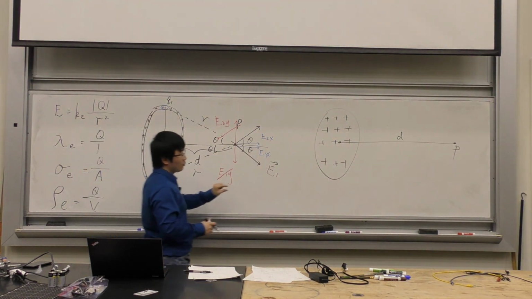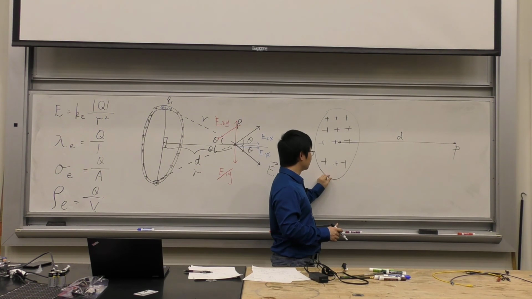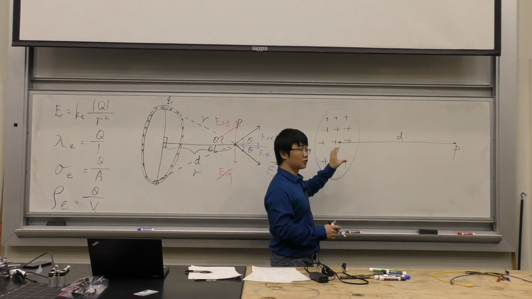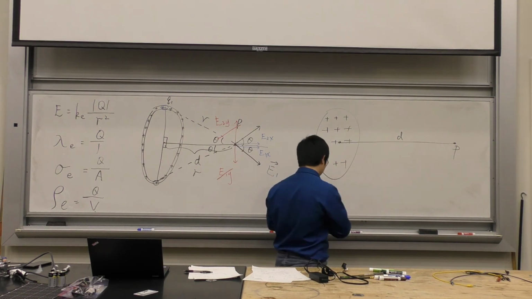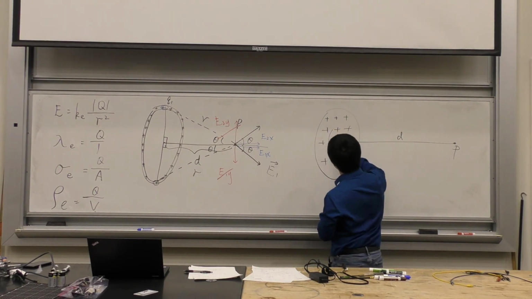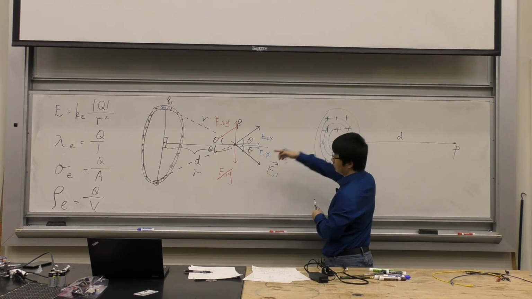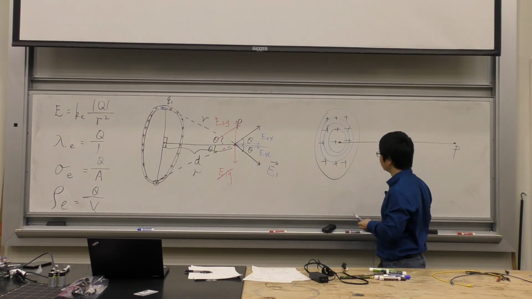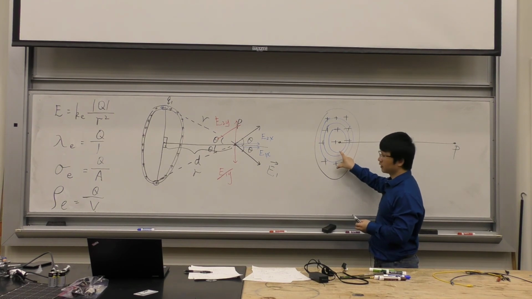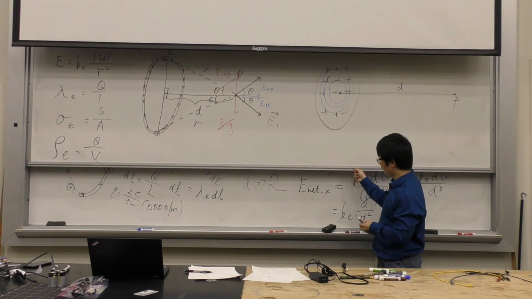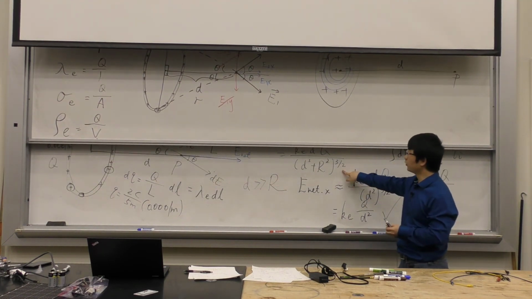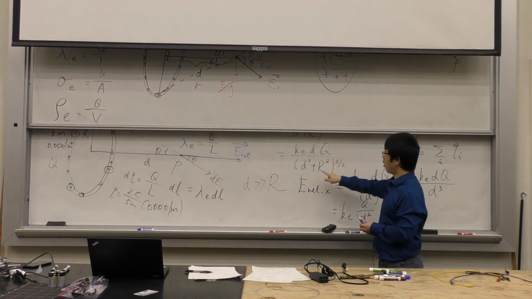So the idea is this. You imagine this disk is made of an infinite number of small rings. It's going to be made of one ring, two of them, three of them, right? So you think of it as an infinite number of concentric rings with different radii. Then you can use this conclusion for a ring and make the R a variable.